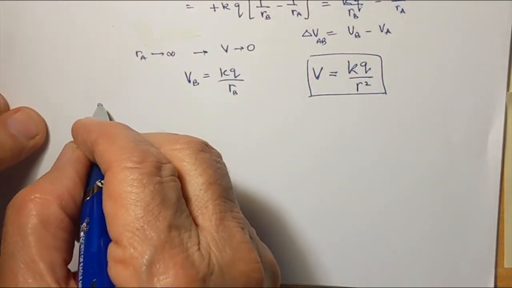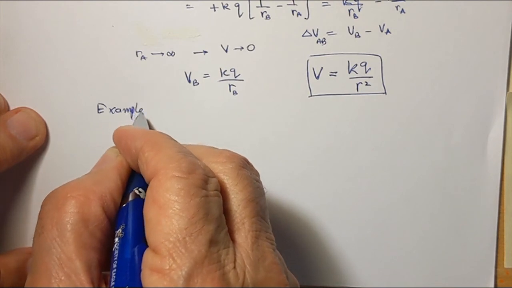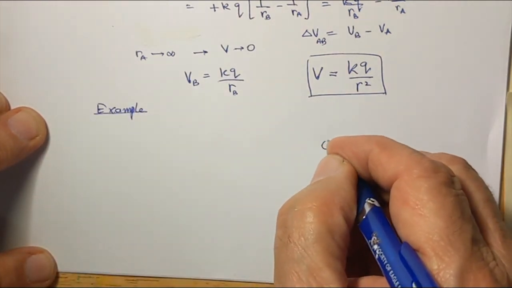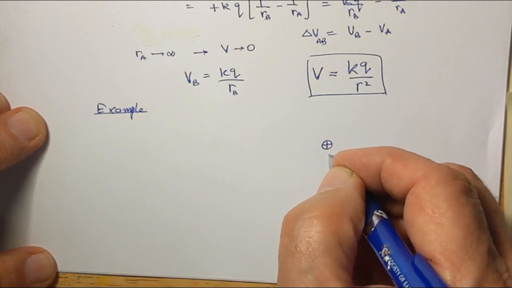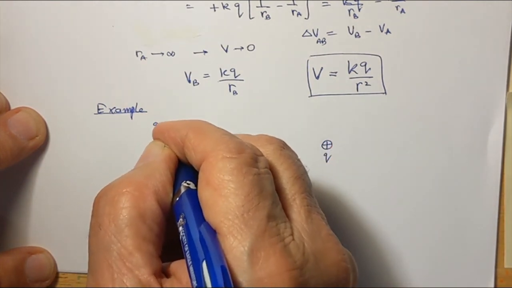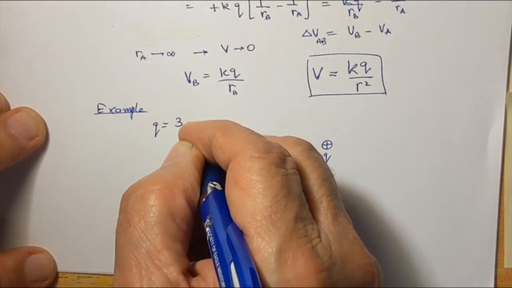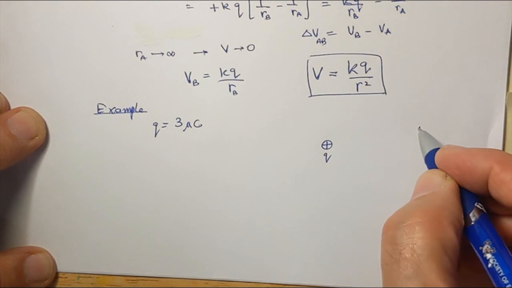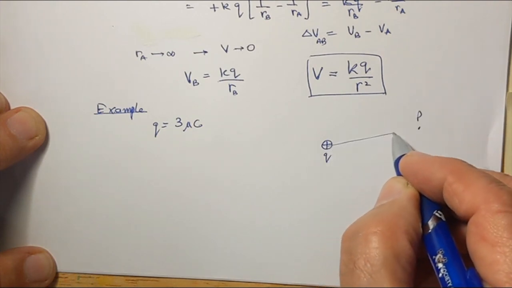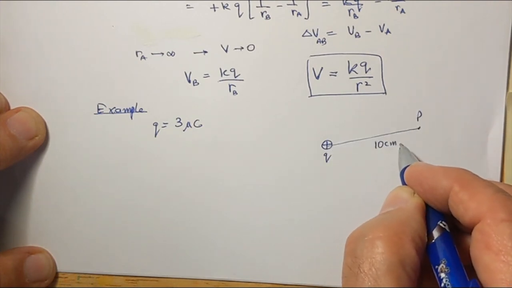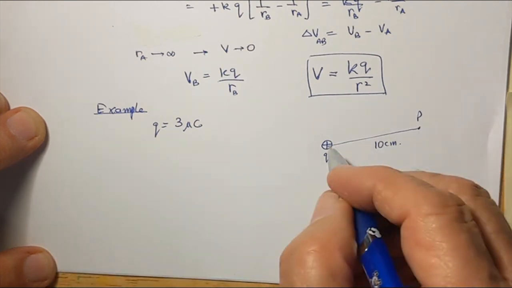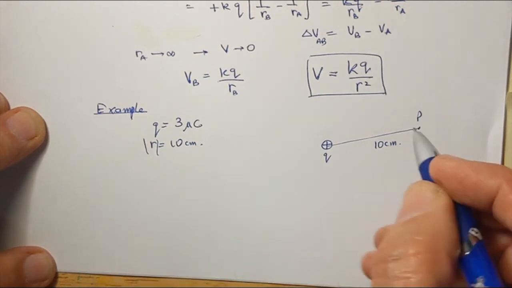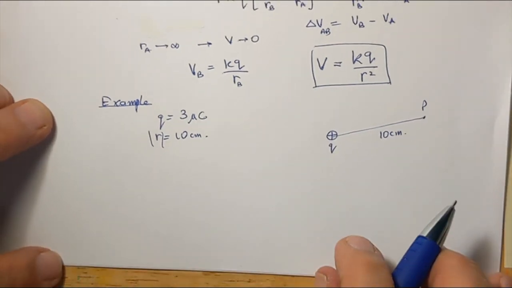Now we do an example. Let's suppose that we have a positive charge, Q, and Q is 3 microcoulomb. We want to find the potential at a point P, and the distance from here to here is 10 centimeters. So the magnitude of R is 10 centimeters, and well, it has some direction.